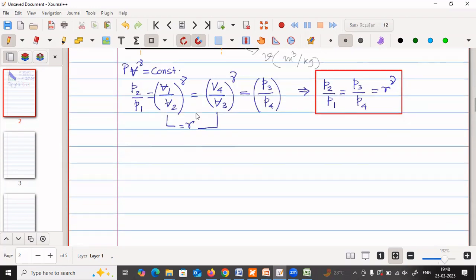So I can write P3 by P2, and again, it is the same as P4 by P1.